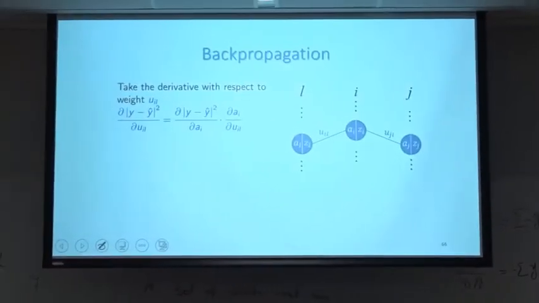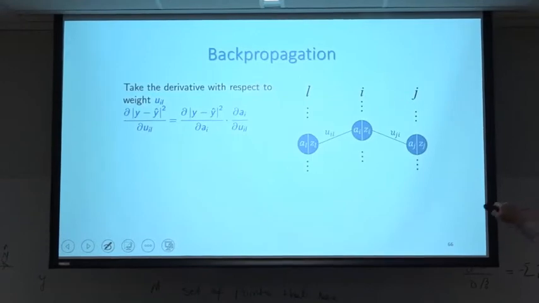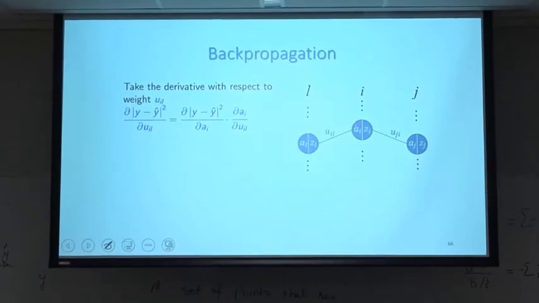So I know this derivative. But what's the derivative of this cost function with respect to a_i? This is hard, actually. I don't know what that is. So I call this the hard part, delta_i. I don't know what delta_i is, but this part I know. It's z_l.